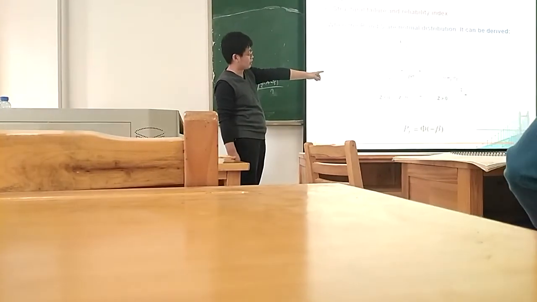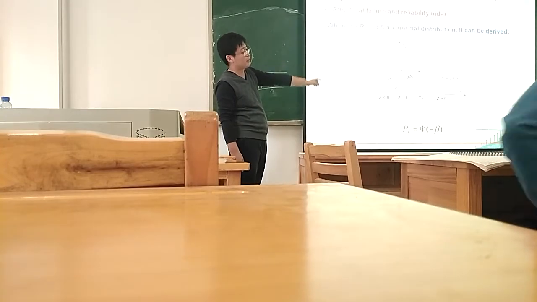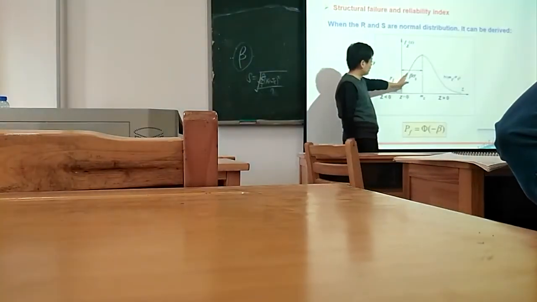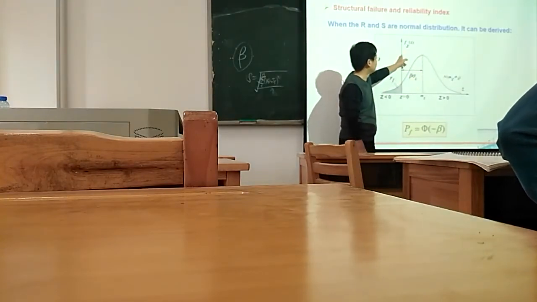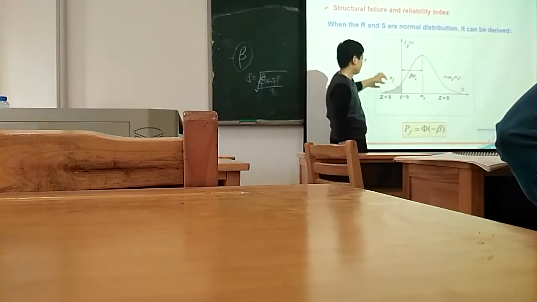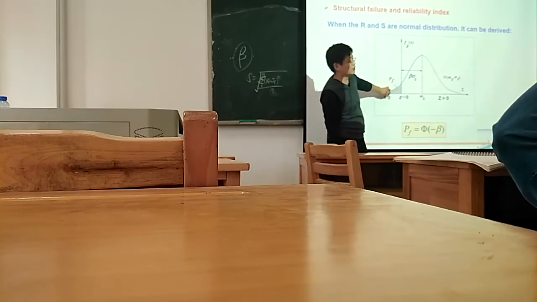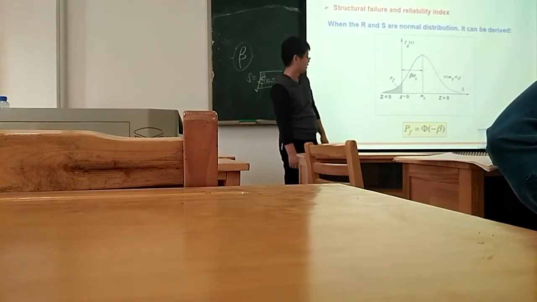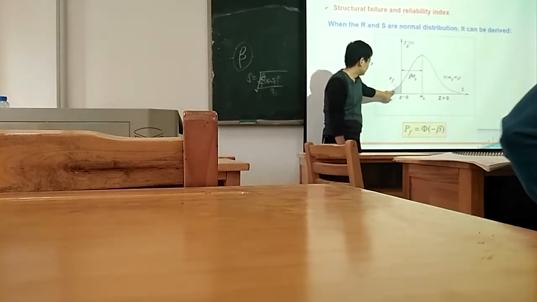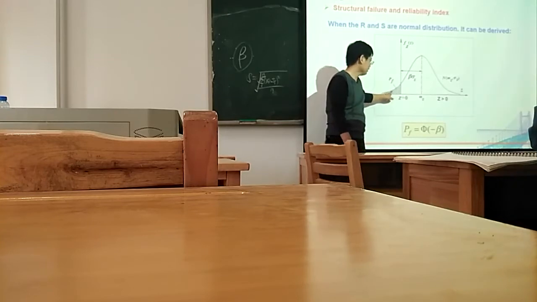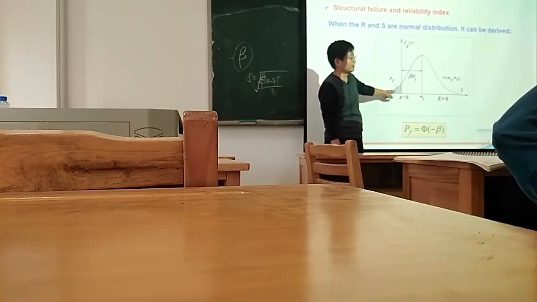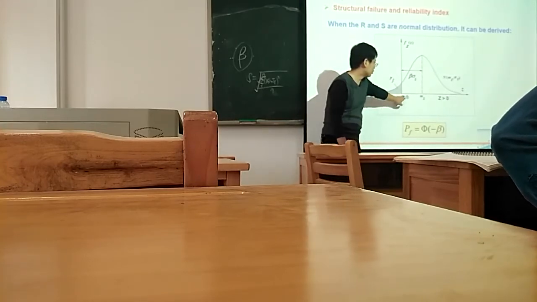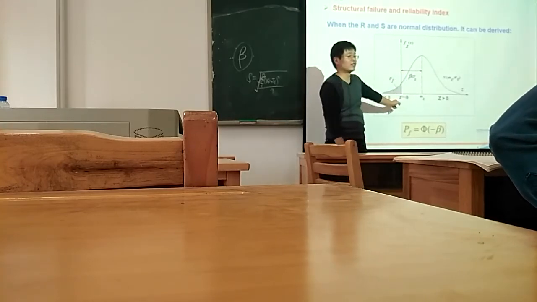With the increase of the value of beta, the vertical axis moves this way, and the area in the center is getting smaller. This area represents the unstable situation. Z equals 0 means the limit state.